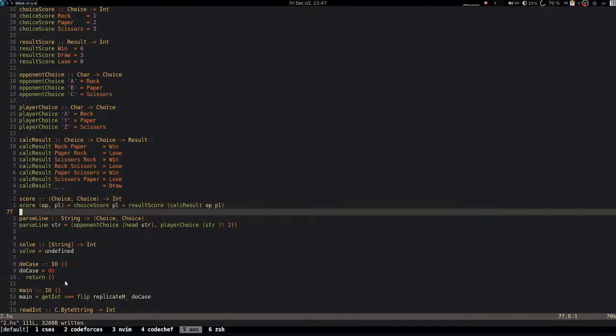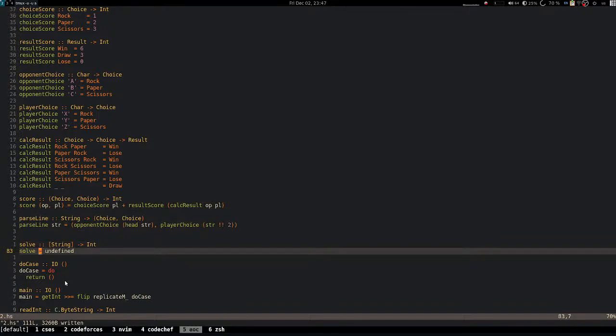And now I can just fmap the things, with the first thing being parse line and the second thing being score, and then we just need to sum the whole thing. So this just does the work, I guess. That solves the first one.